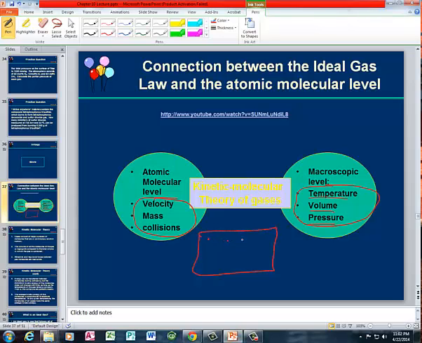If I have gas particles sitting in a container, they are very, very small. They're so small that their volume is insignificant relative to the volume of the container. They're moving in continuous random motion. They're impacting the sides of the container, and they're also impacting each other. So they're constantly exchanging energy in what we call perfectly elastic collisions where no energy is lost. That's kinetic molecular theory of gases.